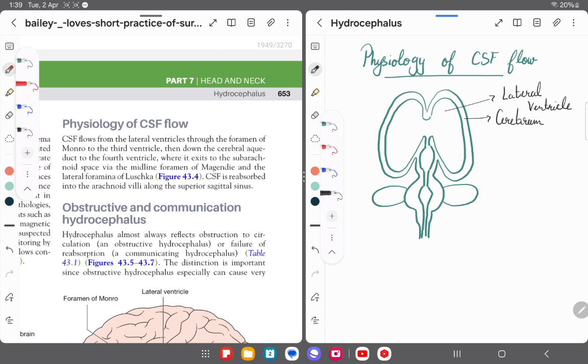So the lateral ventricles, the cerebrum, the cerebellum. This is the medulla oblongata. And here is the pons. And this is the midbrain.